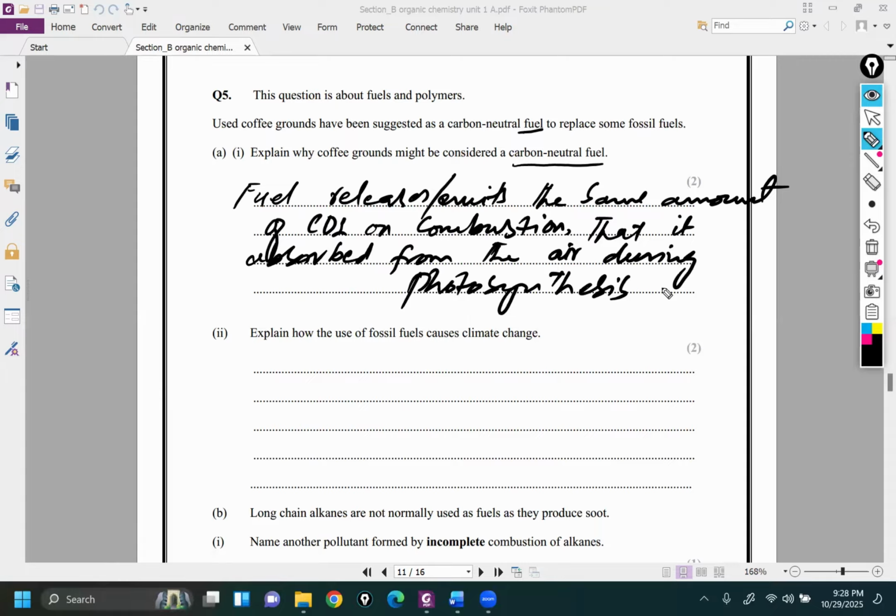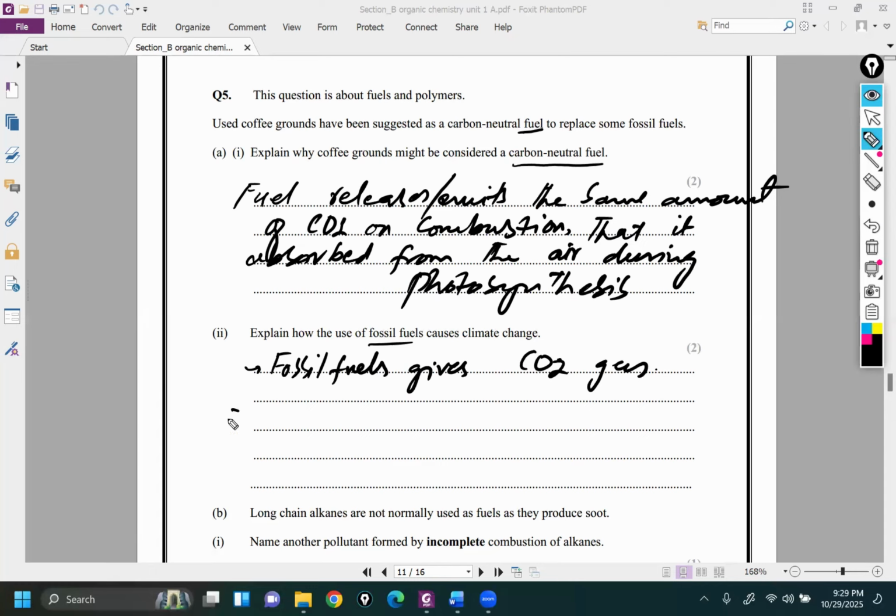Explain how the use of fossil fuels causes climatic change. So fossil fuels are from millions of years ago, from fossils. On combustion, fossil fuel gives carbon dioxide gas into the air.